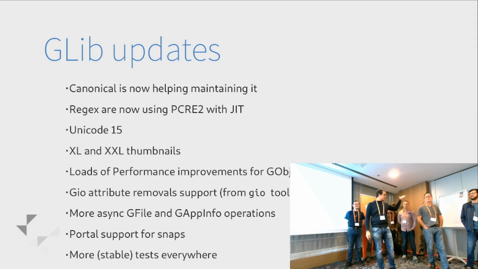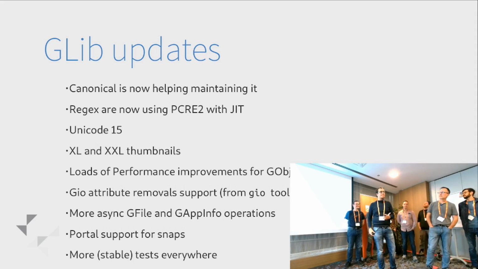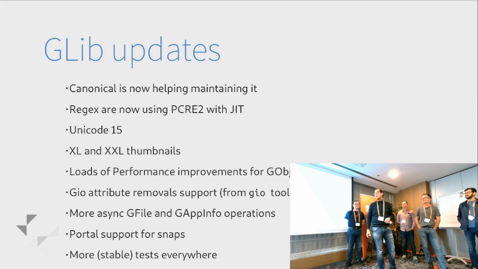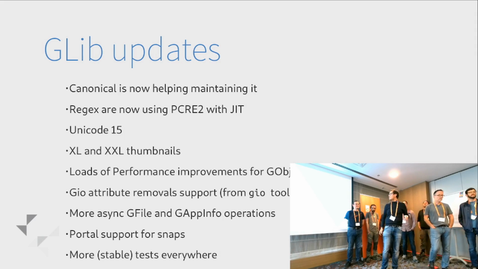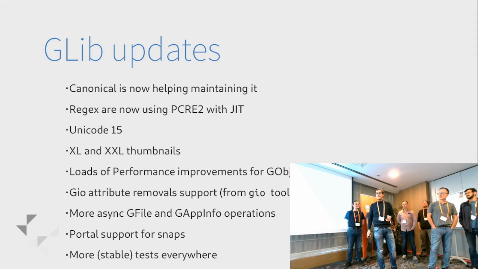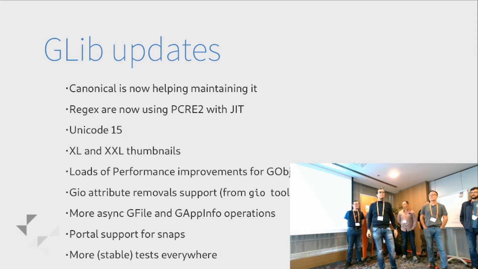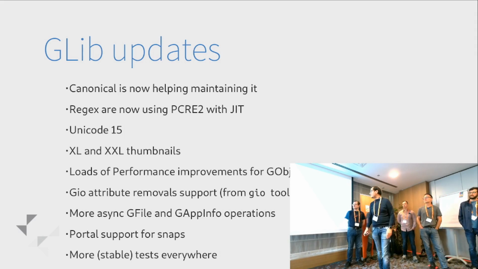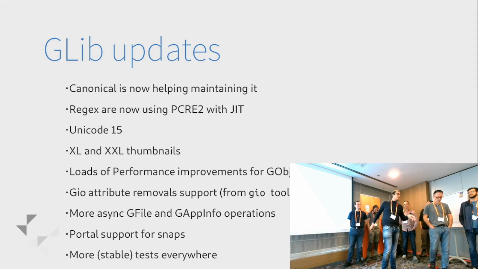Then Matthias here worked on amazing stuff to get lots of performance improvements in creating and destroying all the thousands of objects we are facing on the desktop with every click, every movement of the mouse and everything else. And so we're improving every single user experience.